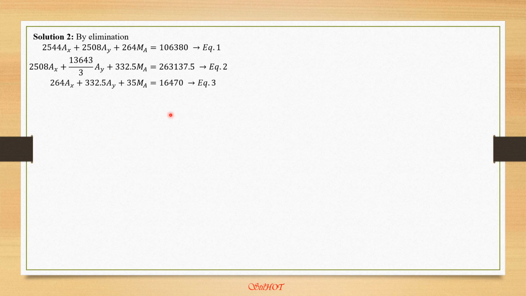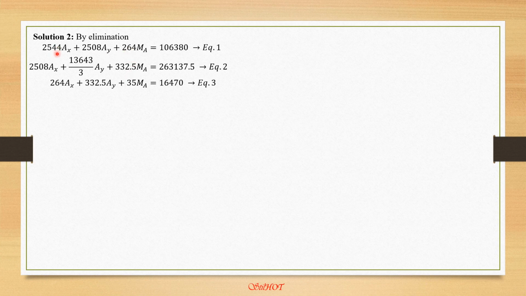So to do that, let's multiply equation 1 by 332.5 divided by 264. So multiply everything in equation 1 by 332.5 divided by 264.